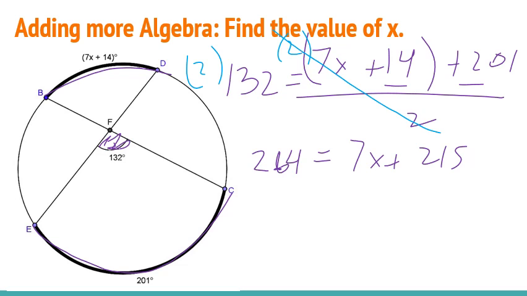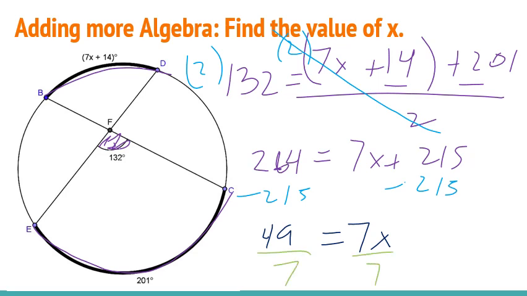All right, let's subtract 215 from both sides. So now we have 7x equals 264 minus 215. That's going to be 49 divided by 7. So our x value here is going to be 49 divided by 7, which is 7.